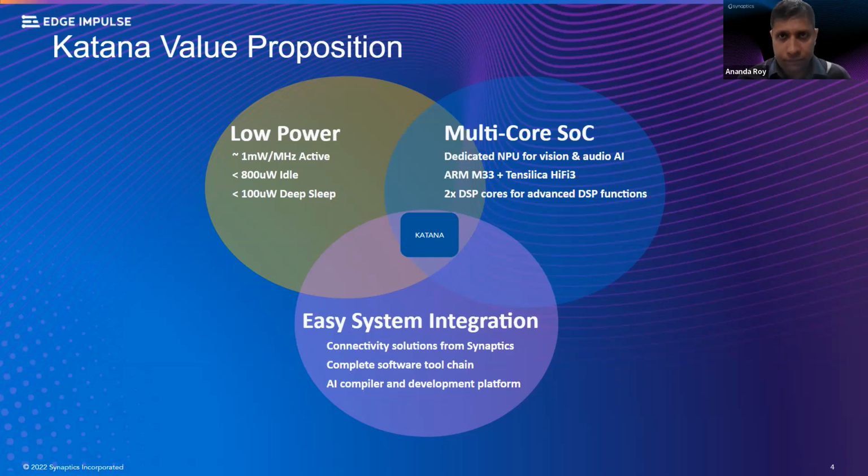Some competitors have built very capable NPUs, but to build a full system, you need to buy a standard MCU from one of the big MCU vendors. Or these big MCU vendors run a lot of their machine learning models on their MCU cores, but because they don't have dedicated neural network accelerators on chip, you consume a lot of power. So we let you build low power computer vision and audio applications and allow for full system build-up, being a one-stop shop.